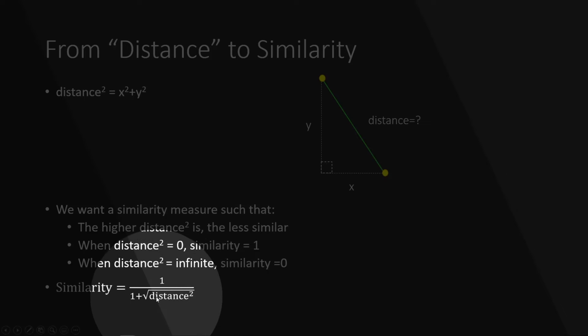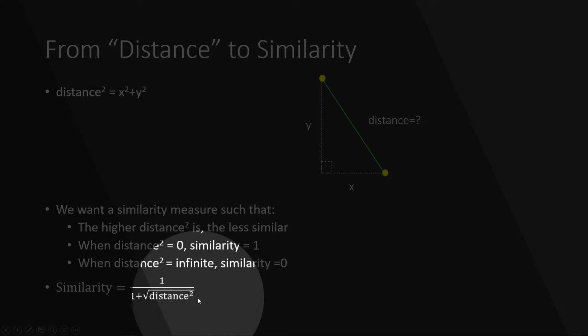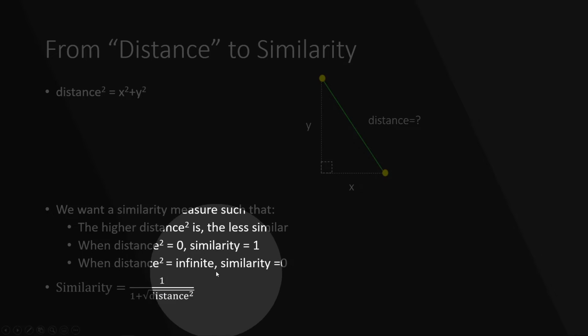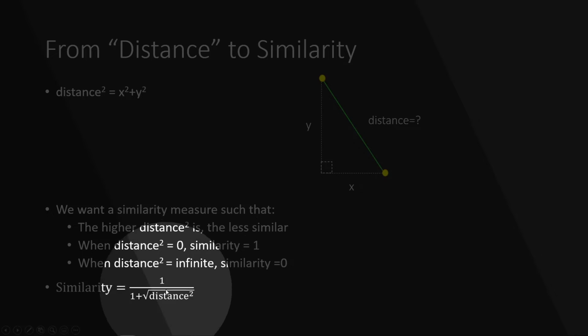Third, when distance becomes infinite, it's huge. It means the denominator 1 plus infinite is still infinite. So 1 divided by infinite is 0. It means similarity becomes 0. That's our rule number 3. So this simple formula would fulfill all our needs. That is how we measure similarity.